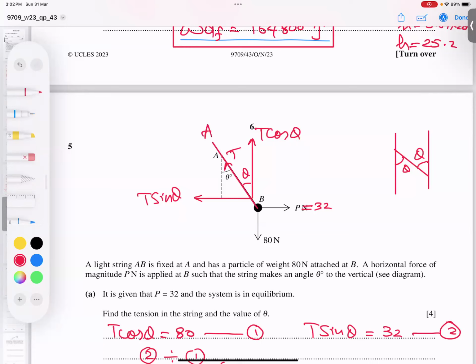I show point A here, and this is the pull of P, and this is 80. So I just copy paste.